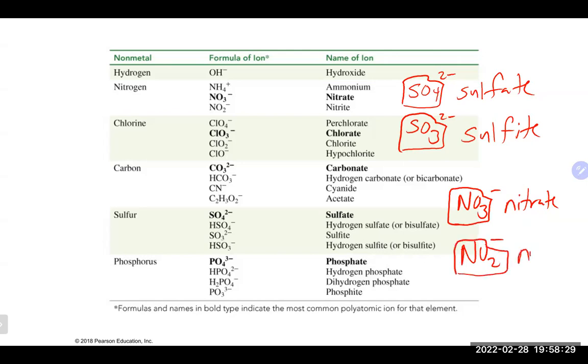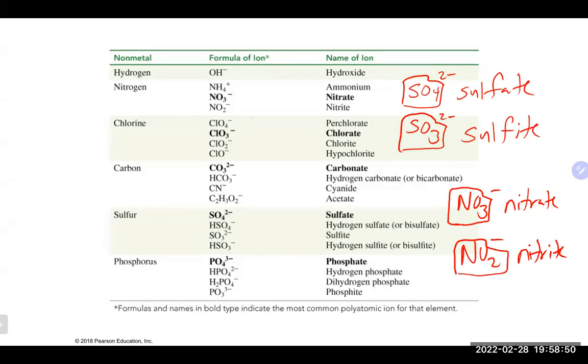That is nitrite. The one that typically has the most oxygens in a group of 2 that are related to each other will end in ate. The one that has the least number of oxygens will end in ite. Good way to think about that is I ate too much, right? The most oxygens, right, is the one that has that.